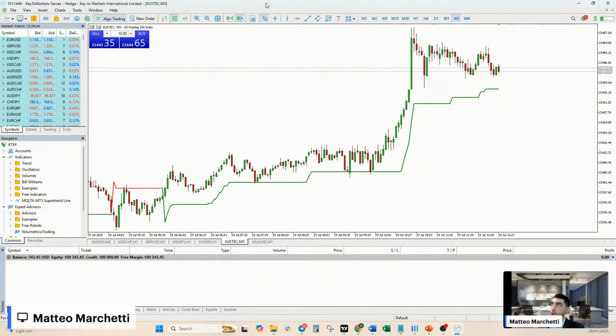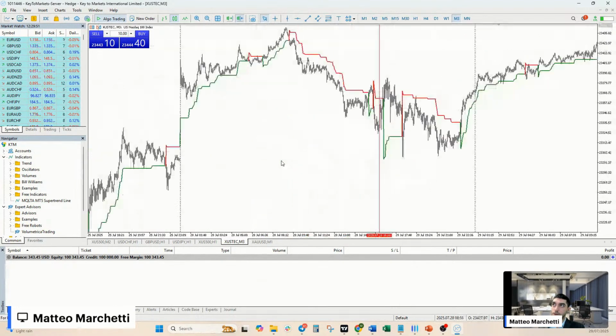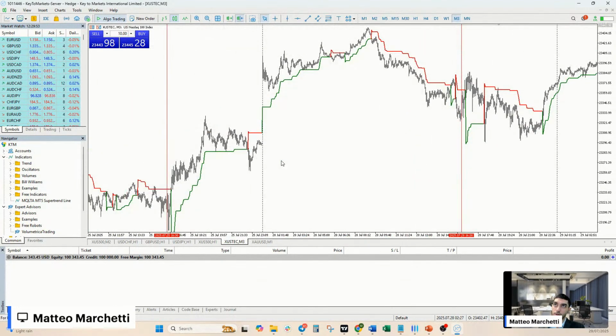So if you trade, for example, using these strategies on US indices, you need to consider something. In my opinion, it's best not to use these strategies all day long. You need to consider only the regular trading hours.